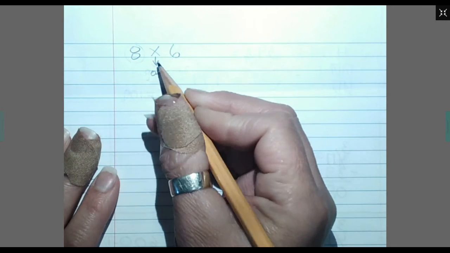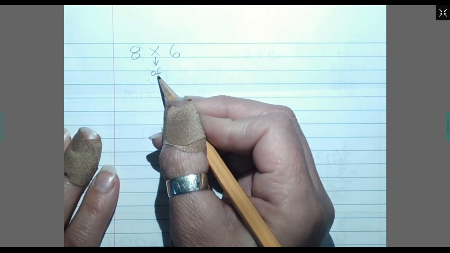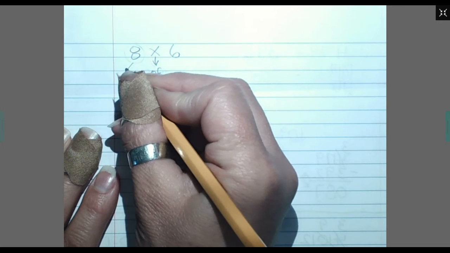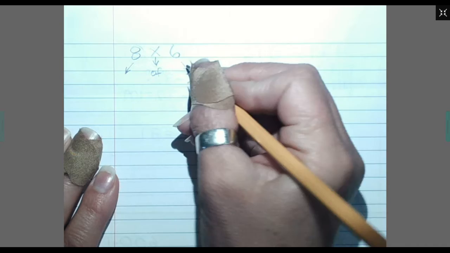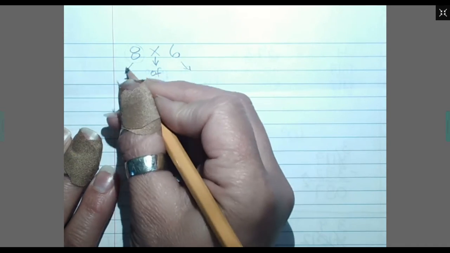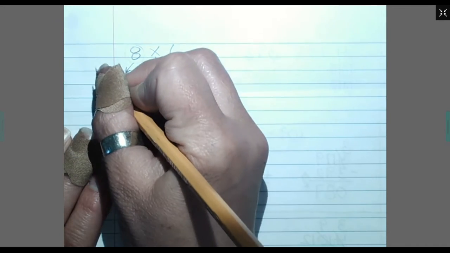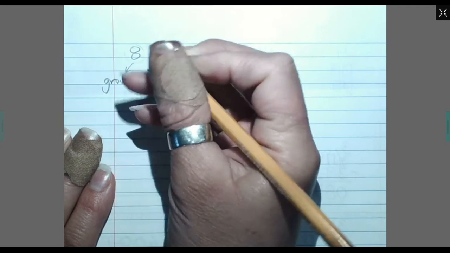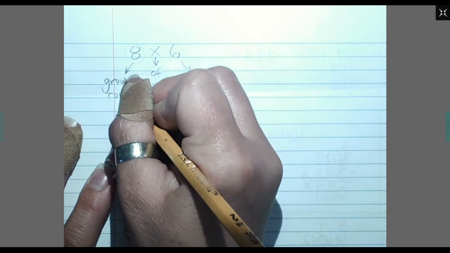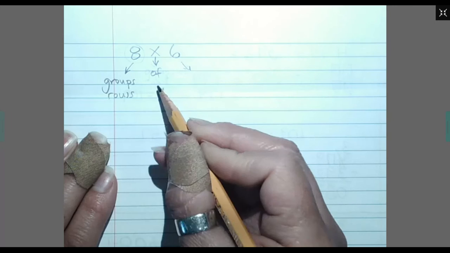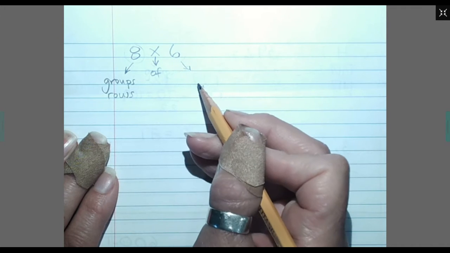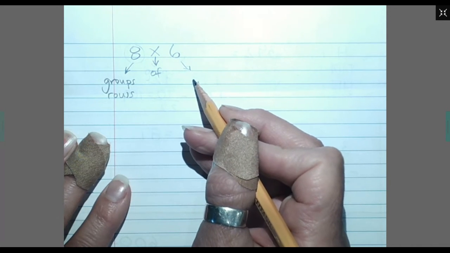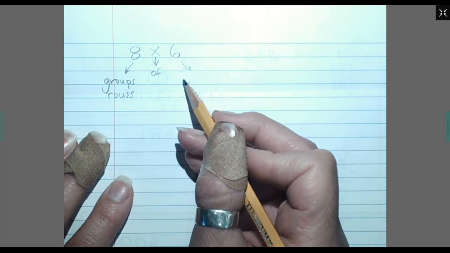So if we think of that as "of," we can think about these other parts, these factors in my multiplication equation. This can mean groups or rows of this many. So this is the number in each group or the number in each row.